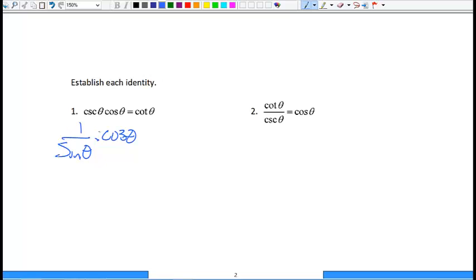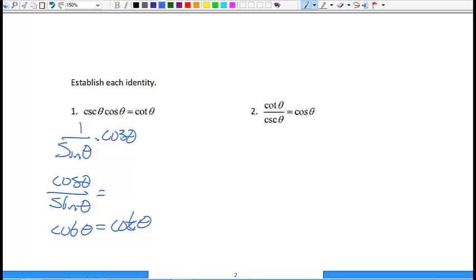Well, I can multiply that and put it in one fraction, so that's cosine theta over sine theta, and that in fact does equal cotangent theta. So I got cotangent theta. I got it to work. Typically, when you're doing identities, you only want to manipulate one side of the equal sign, and the general rule is you want to manipulate the more complicated looking of the two.